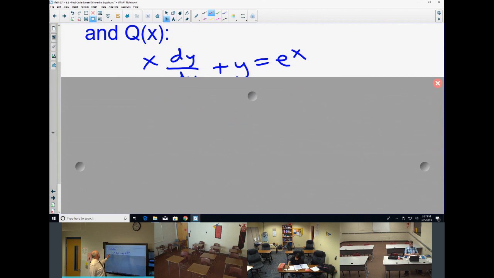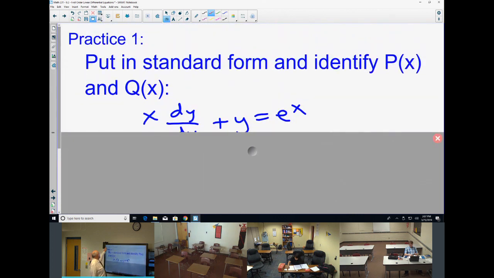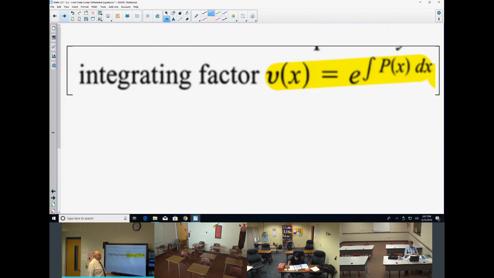All right. Now, the next thing, and I'm going to put this in the next set of instructions here, but you could write this separately if you wanted to. We're going to need to use what's called the integrating factor, v of x.